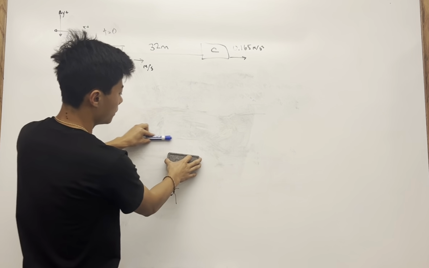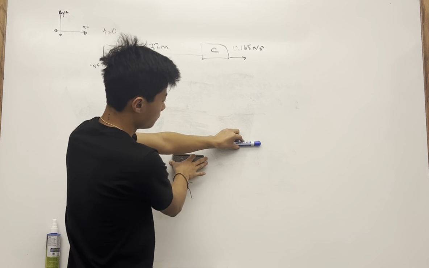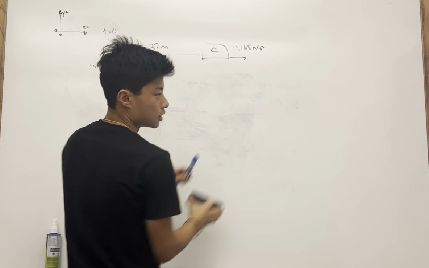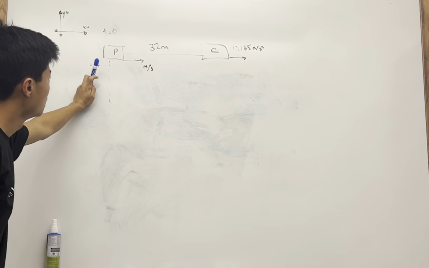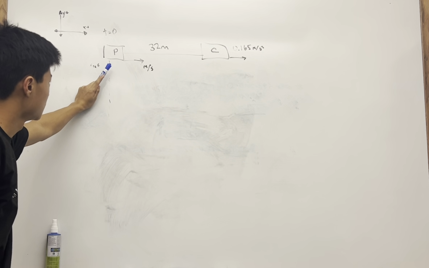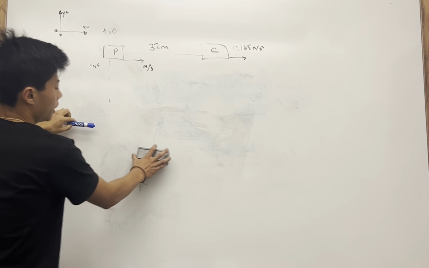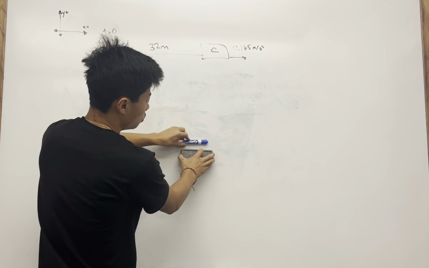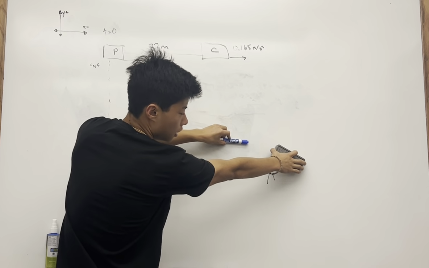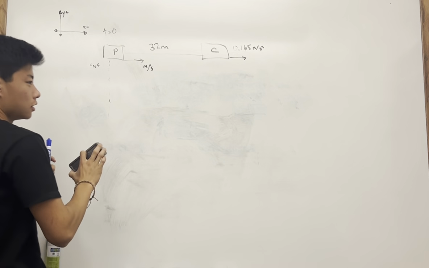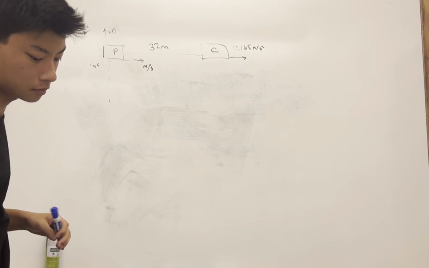But if the puppy can pass the car, like we did in the first problem, it'll go twice. So it's asking, what is the velocity that the puppy needs to go at, where it will just pass once, and then the car will just start going at a higher velocity.